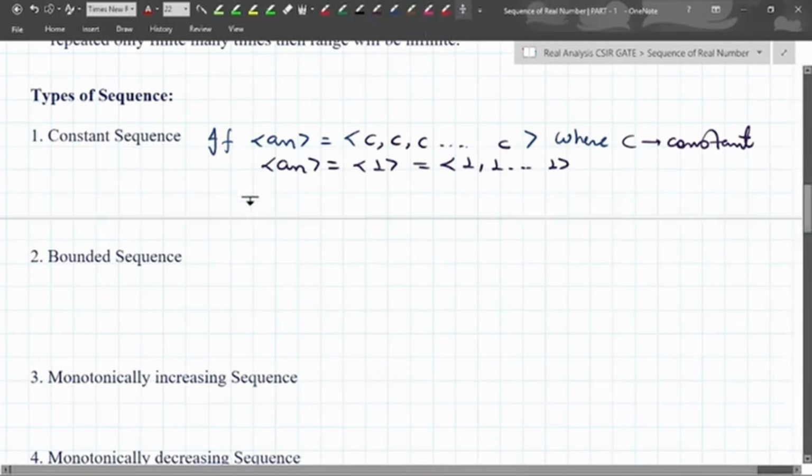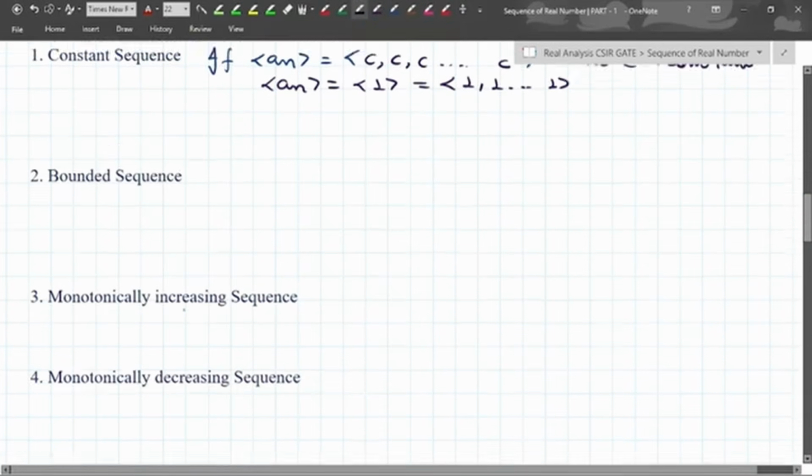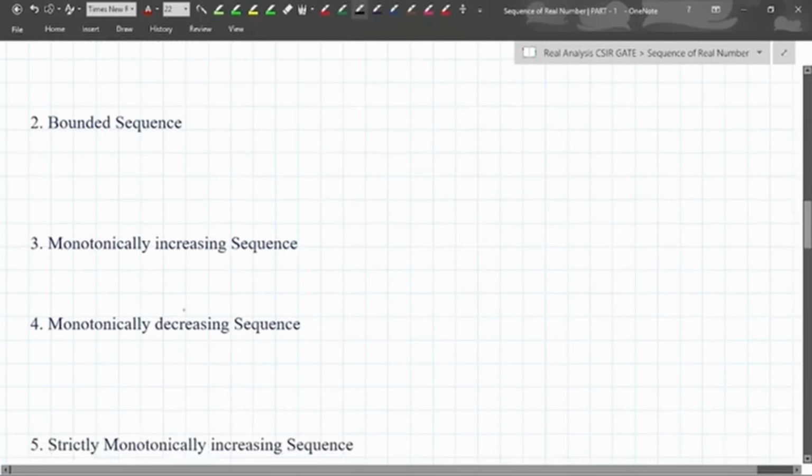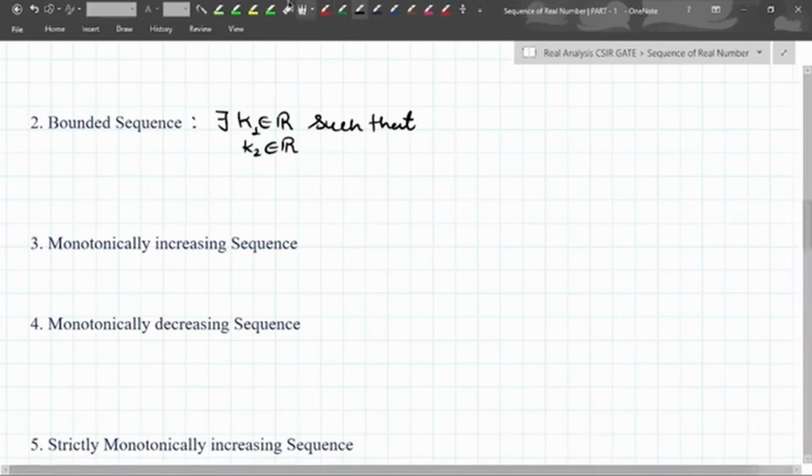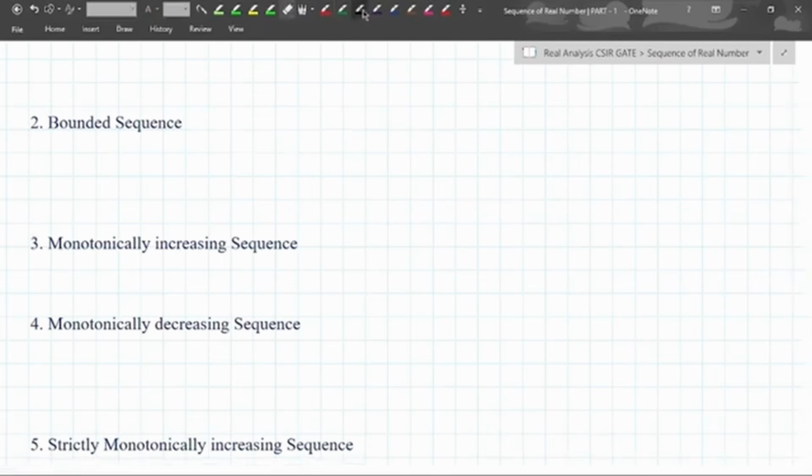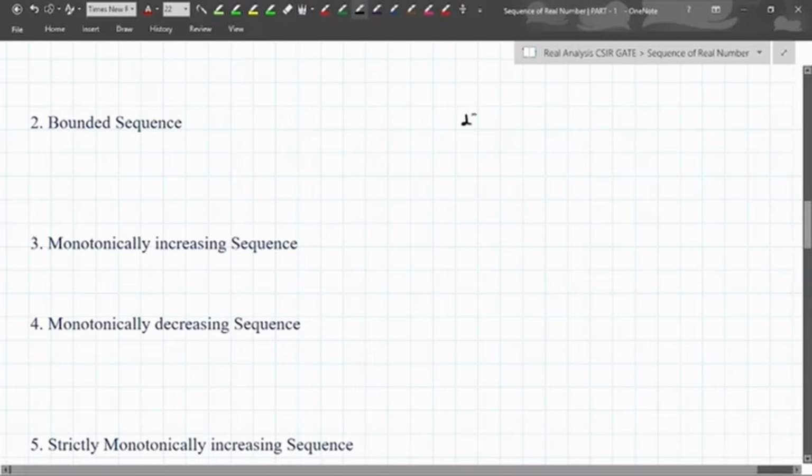Okay. Next, we have bounded sequence. It is related to boundedness of a set, which we have already discussed. Before going to bounded sequence, I will explain what a bounded above sequence and a bounded below sequence are.